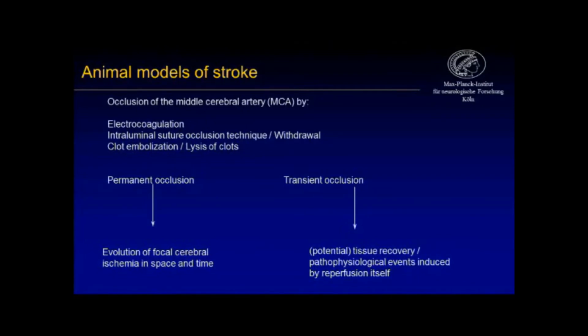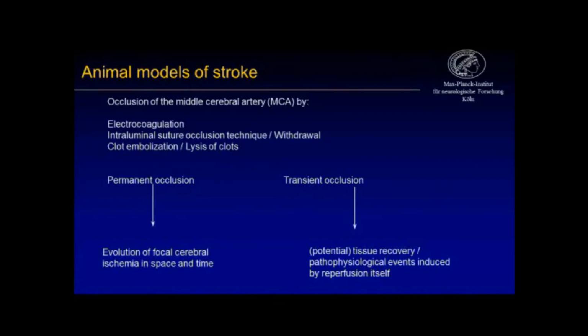Then, of course, in the animal model, you have to distinguish two situations: permanent occlusion and transient occlusion, reopening the vessel in the model and then observing maybe also the secondary problems. But in the permanent occlusion, you can look at the evolution of the focal cerebral ischemia, both in space and time.